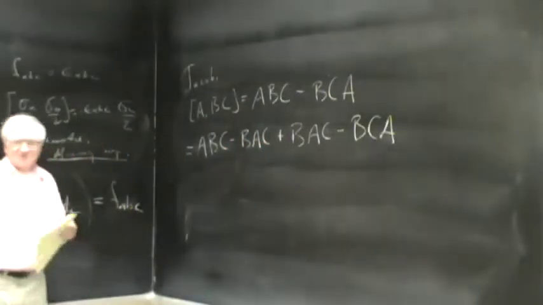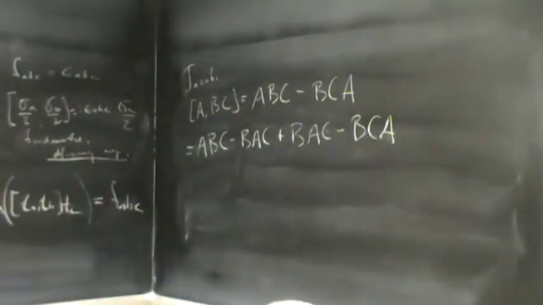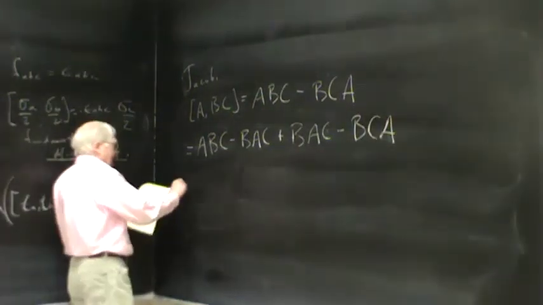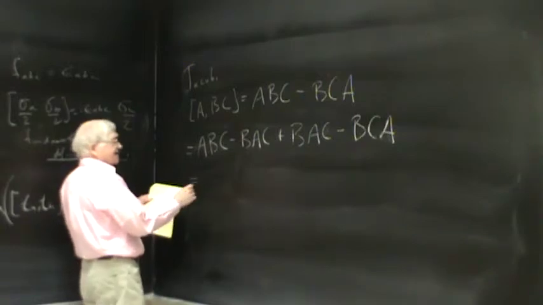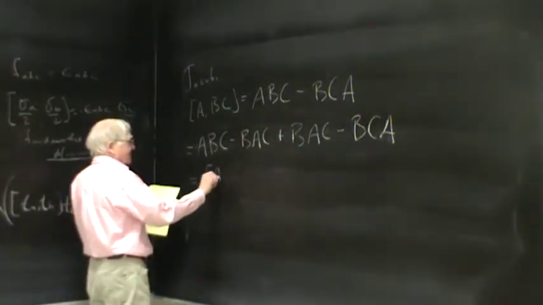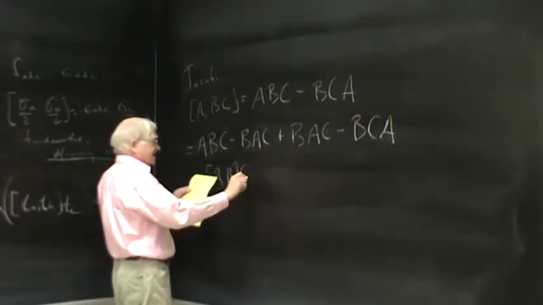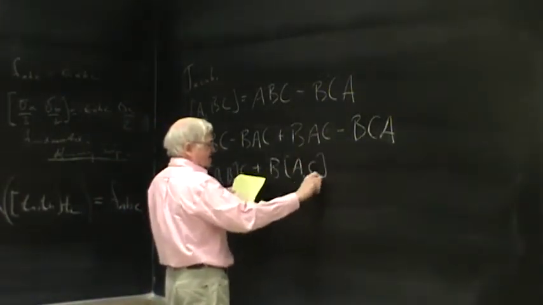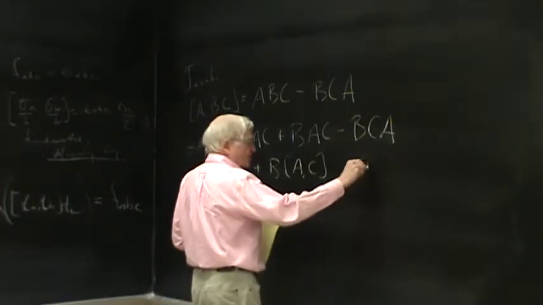And now you see, in fact, this thing is [AB, C] plus B[A, C]. All right, so let me call this 1.